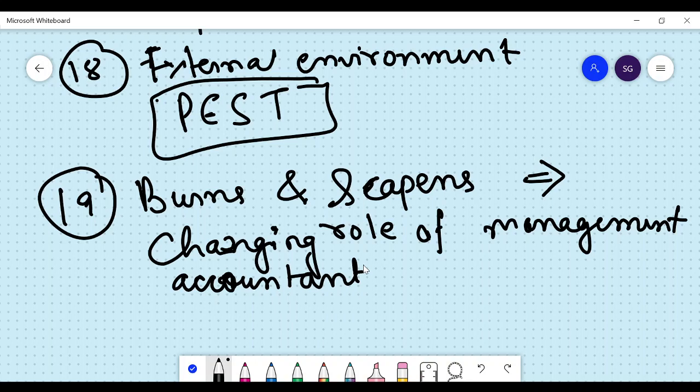How has the role of management accountant changed? Traditionally, management accountants were different from the operational level, but today management accountants are connected with the operational level because they are involved in technology, competition, the management structure. So this is all about the changing role of management, and we end the revision of chapter 1 here.